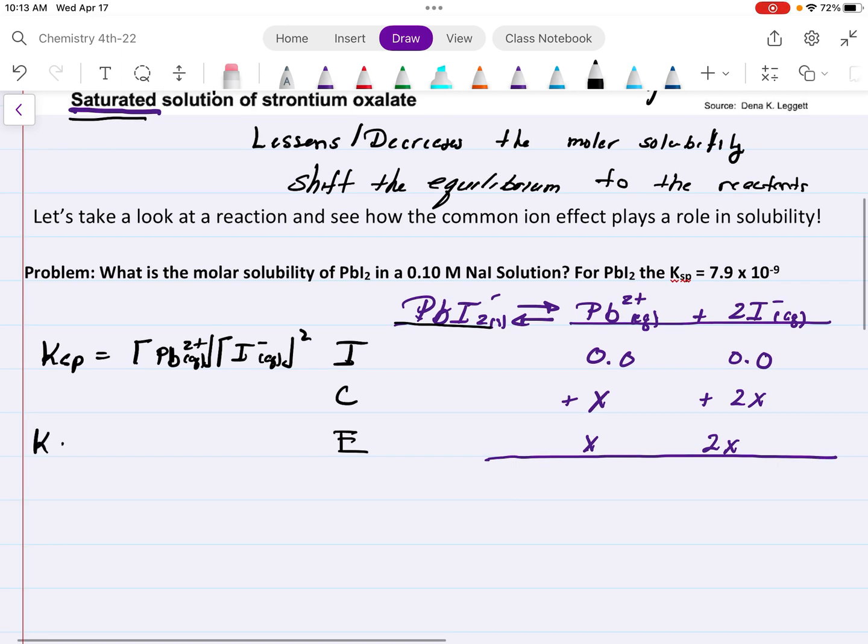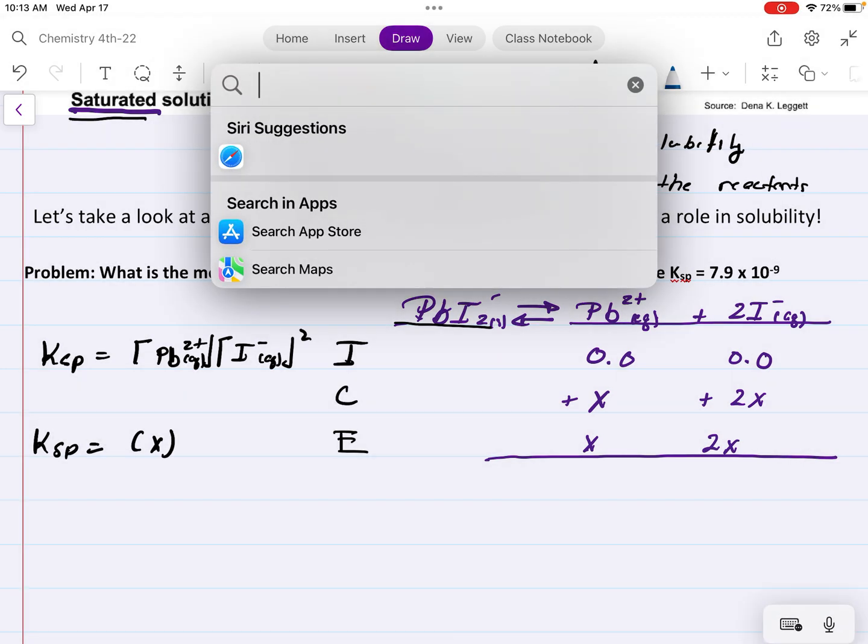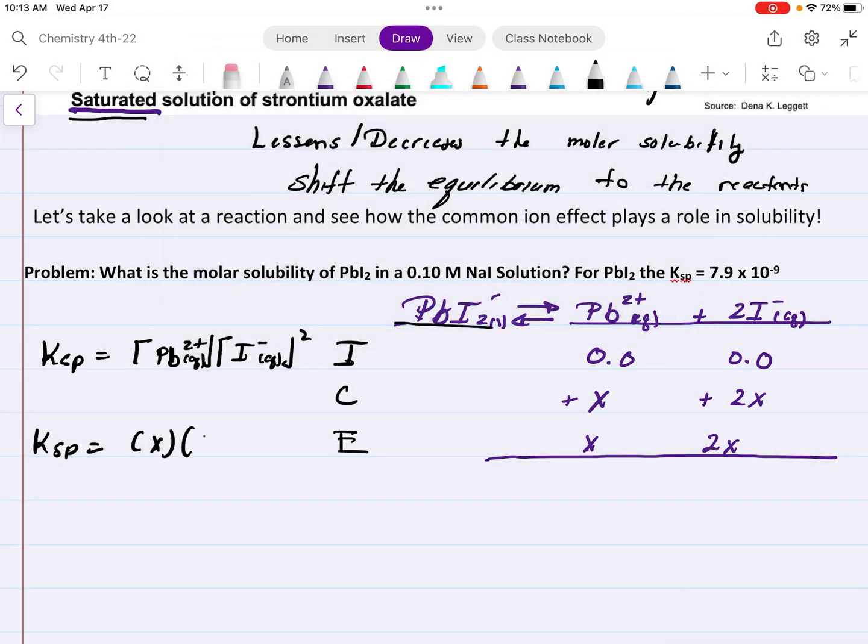So we would write this as KSP is equal to x times 2x squared. We know the value of our KSP. Our KSP is equal to 7.9 times 10 to the negative 9.